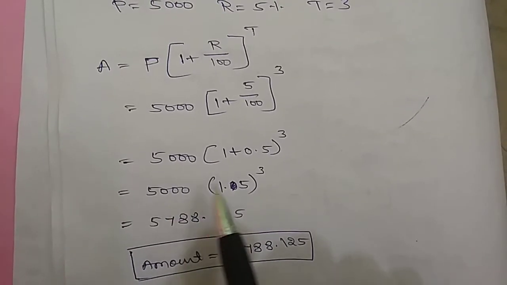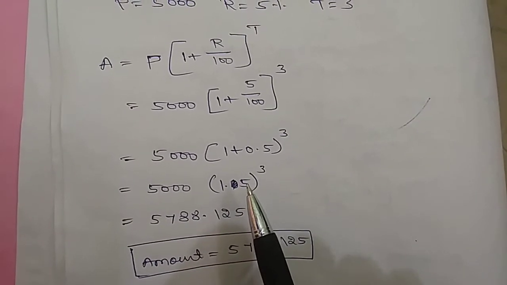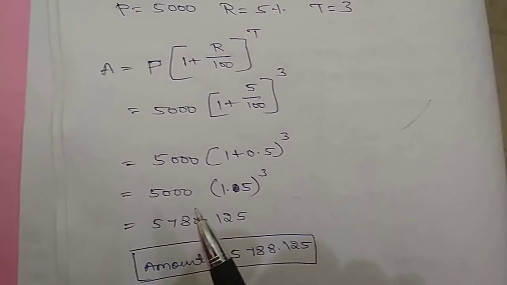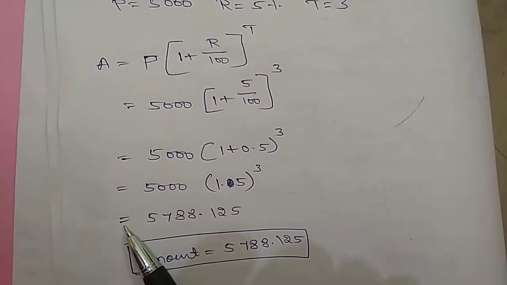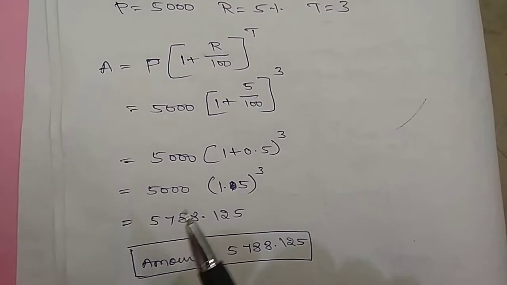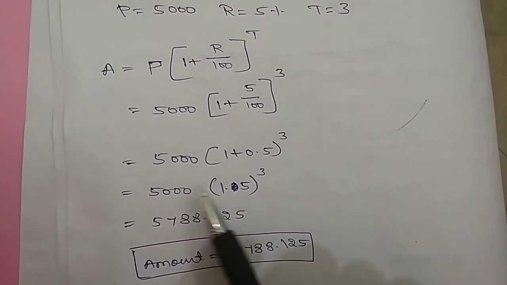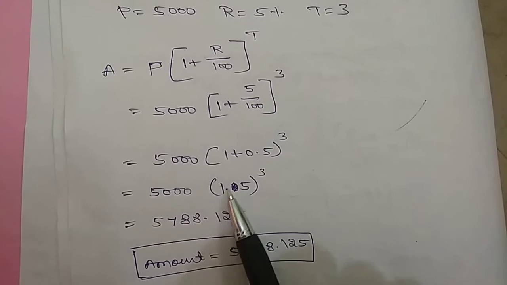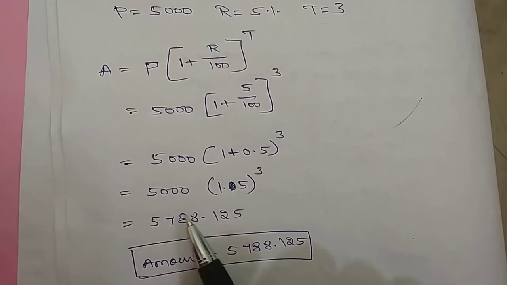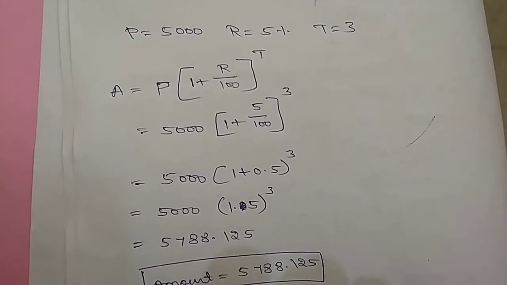Then 5,000 into 1.05 cubed, and 1.05 cubed, as I already showed, comes as 1.157625. Then multiplying 5,000 into 1.157625, I skip that step here, you make that one, we will get 5,788.125. It is called the amount which is paid by the borrower to the lender.